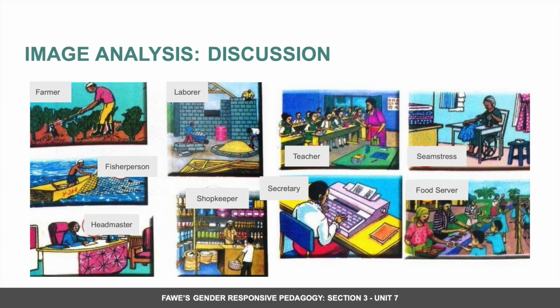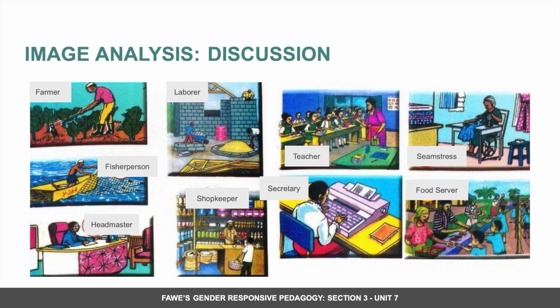What are some critical questions you might ask to prompt students to analyze the gender representation in these images? Again, there are multiple answers, but here are some few possibilities.